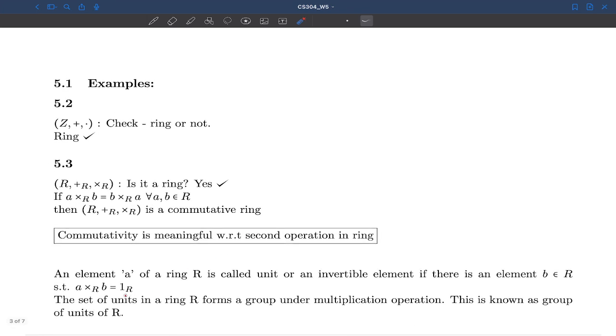Now, last but not the least, insights about rings. An element A of a ring R is called a unit or an invertible element if there is an element B which belongs to R such that A times B equals 1_R. Are you getting what this is?